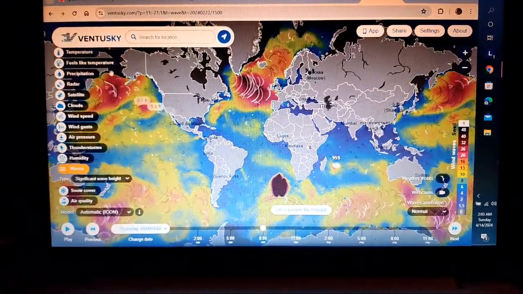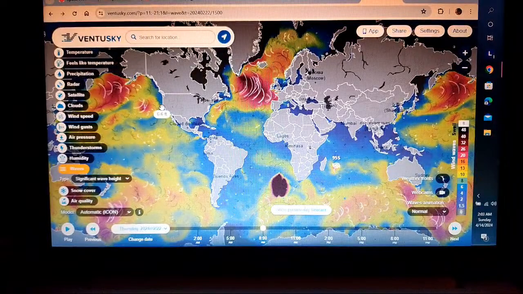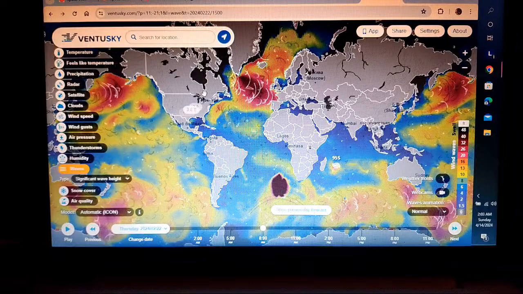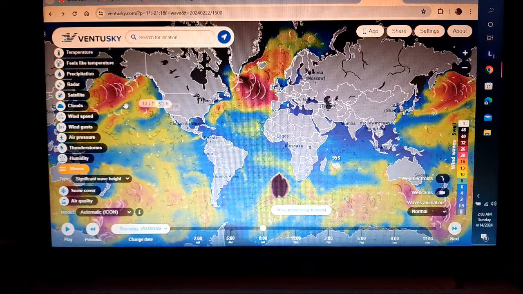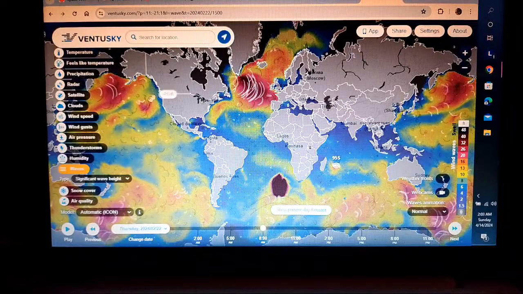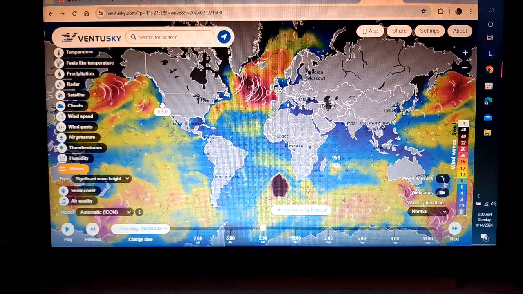So what hits the West Coast will be a lot less impactful. It'll be a little bit later than the East Coast, which we're already seeing now. We're seeing the East Coast events subside and the West Coast events starting to take effect now.